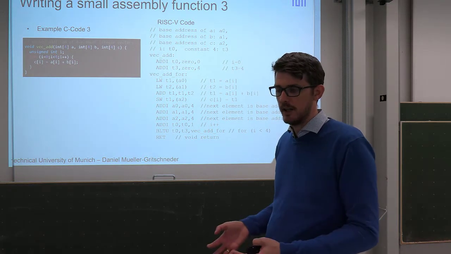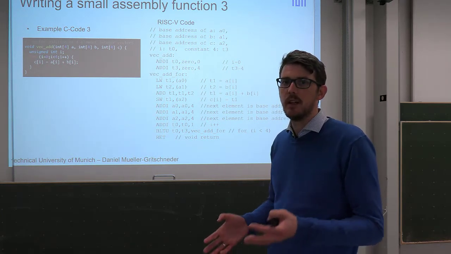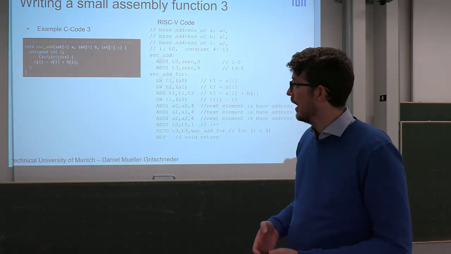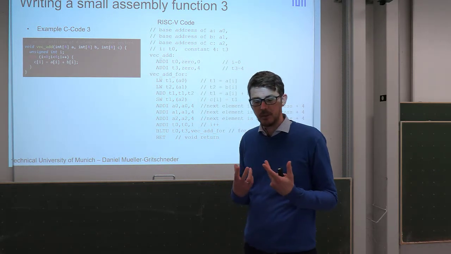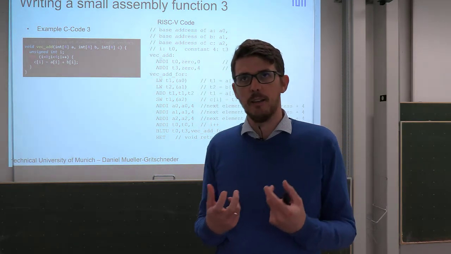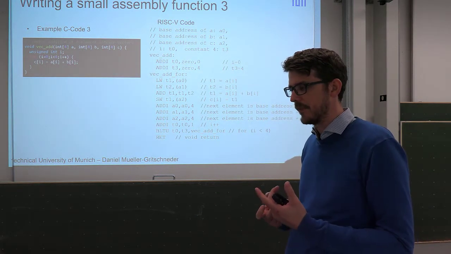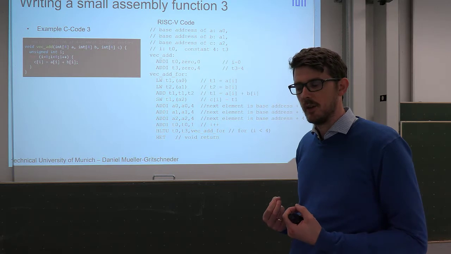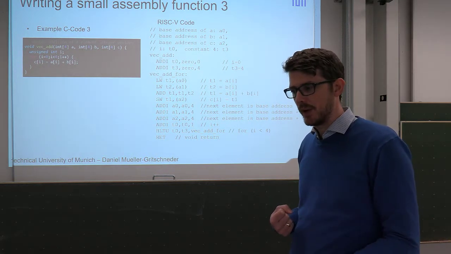You give it two vectors with 4 elements, and it gives you back the sum. All right, and now the difficulty is you have to think a little bit differently. If you have these vectors, the important thing you have to think about is these are now pointers to memory locations.